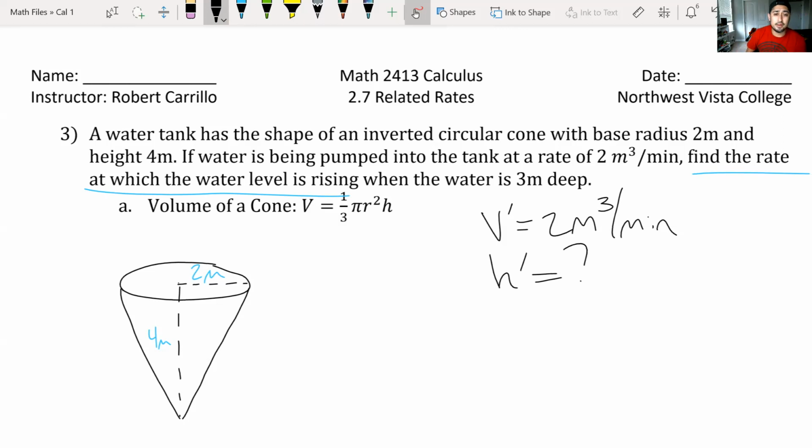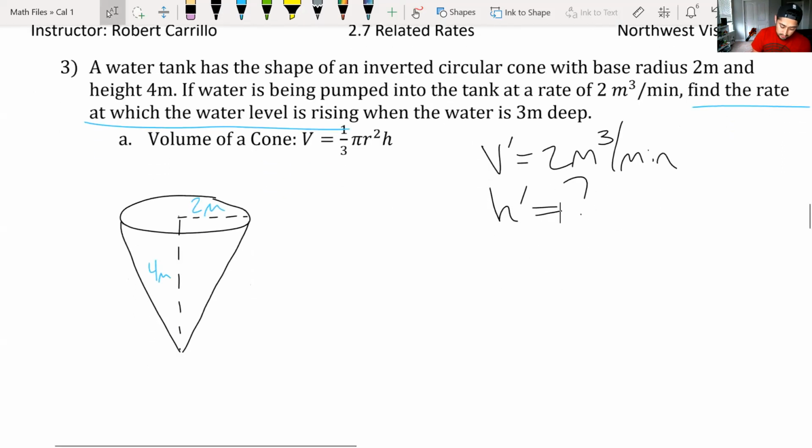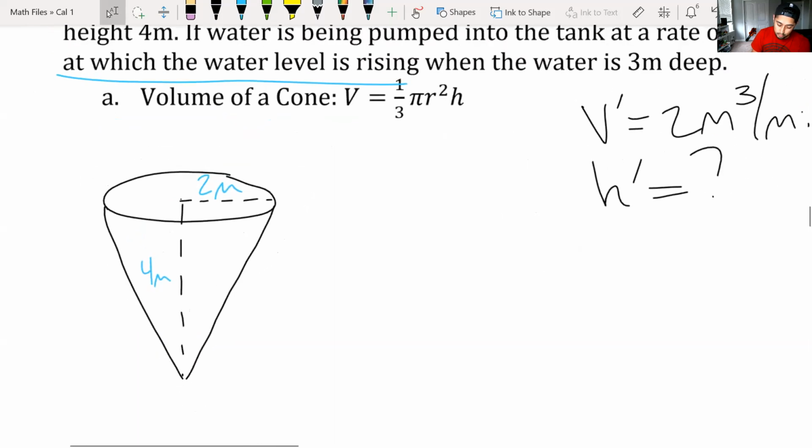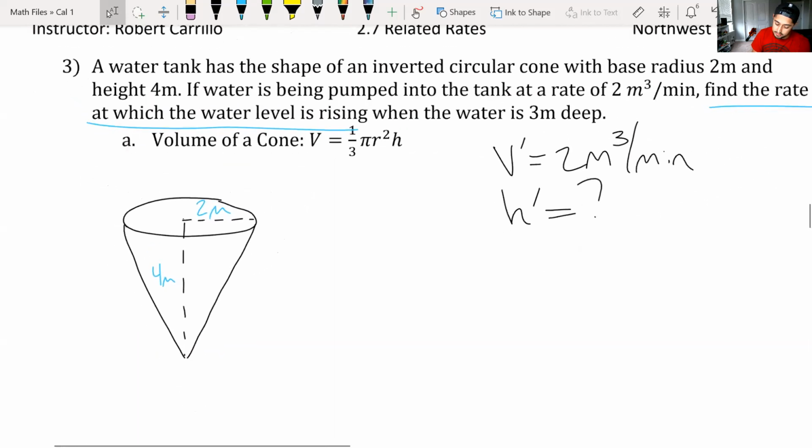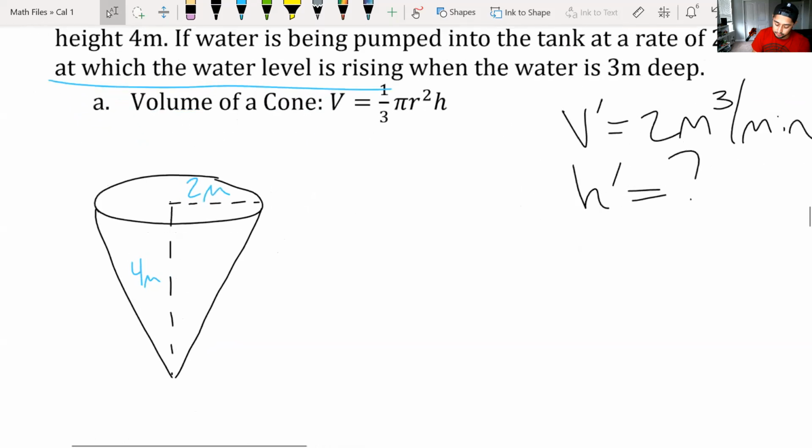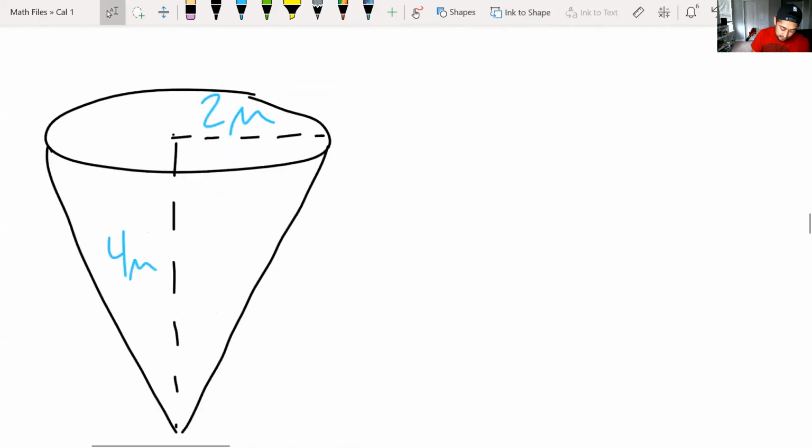Okay, and the very last part of the problem says, when the water is 3 meters deep. Well, I'm going to draw that on my diagram. This is a little tricky problem, but I don't want to label R, I don't want to label H just yet. Let's go ahead and do my diagram. So coming back to my cone, we said the water's 3 meters deep inside the cone.